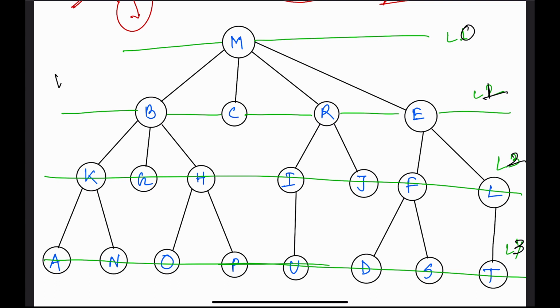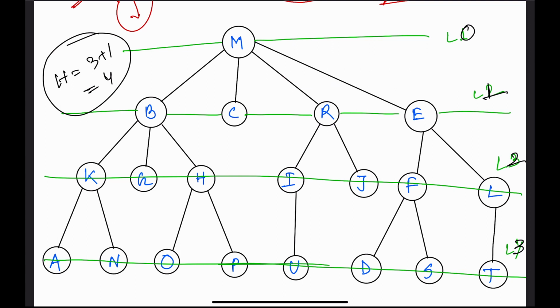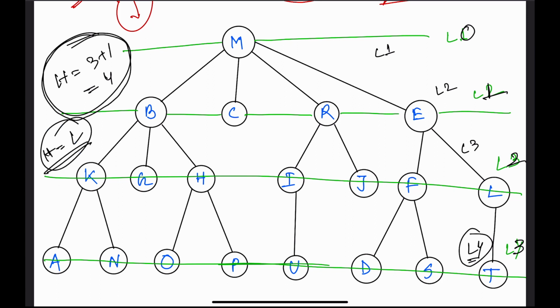So obviously height equals 3 plus 1, which is equal to 4. This is the basic definition, but in different books there are different definitions. For example, if in any book levels start from 1, then 2, 3, and 4, in that case height equals level. But if you start from 0, then height would be equal to level plus 1.